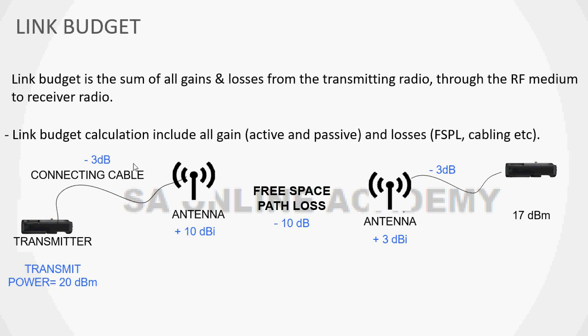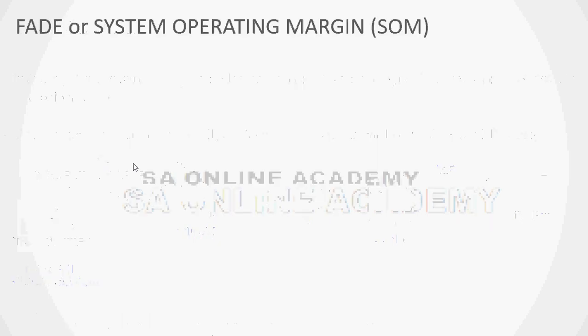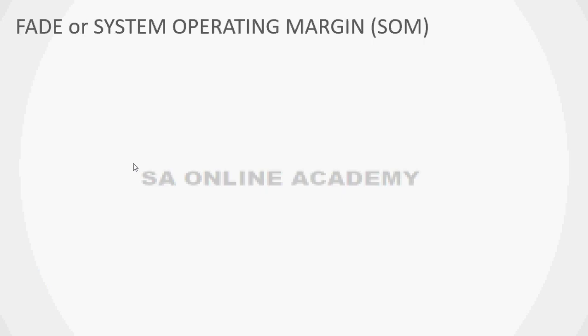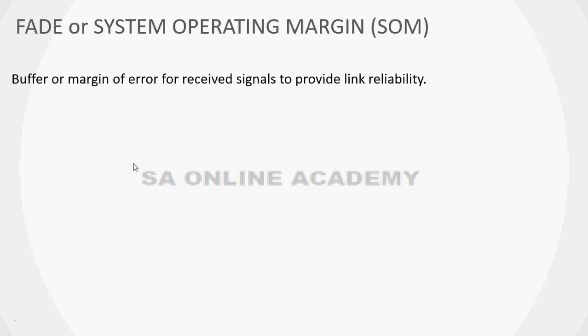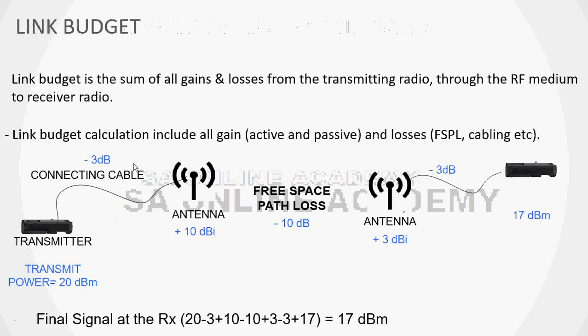Why is it important? The fade or system operating margin will let us know why it is important. Like I explained, the received power is 17 dBm. Now, as explained in the previous slide, there is the receiver sensitivity.